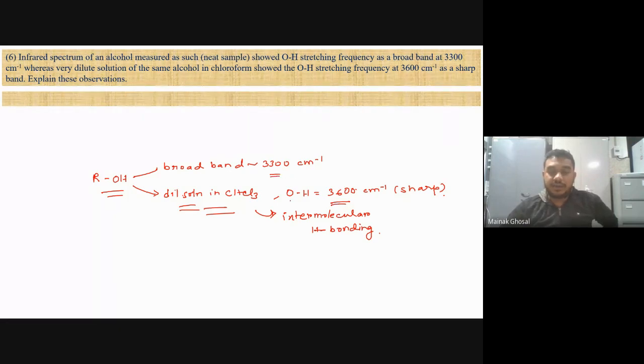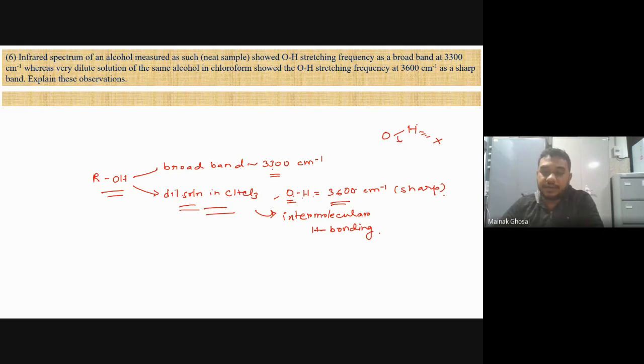Now, in dilute solution the OH bond is not hydrogen bonded, so it is not sharing its electron density. So electron density is confined within OH. If hydrogen is bonded to someone else, some electron will be transferred there. Suppose some X is there. This bond's electron density will be held by this one to bond with this one, so this will be very weak, right?